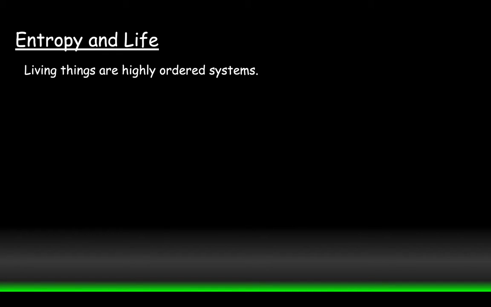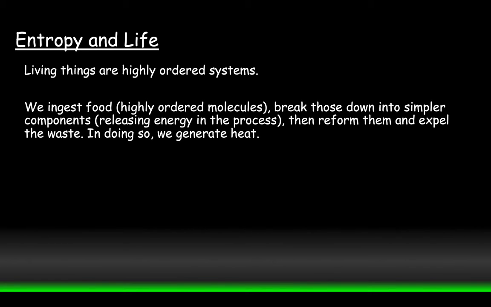So how does this connect to life? Living things are highly ordered systems. Even though we don't have a good definition of what is life, it does seem that life is going to be a highly ordered system. We are going to take in food, which are very highly ordered molecules. We'll break those molecules down into simpler components. We'll release energy in the process.